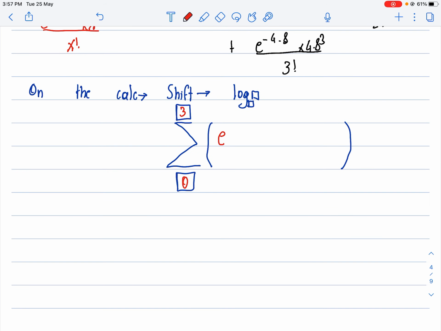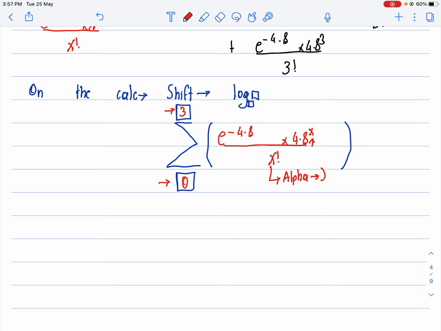So I get e raised to minus 4.8 into 4.8 raised to x over x factorial, where x takes all the values from 0 to 3. To write an x, you simply click on alpha and the closing bracket button.